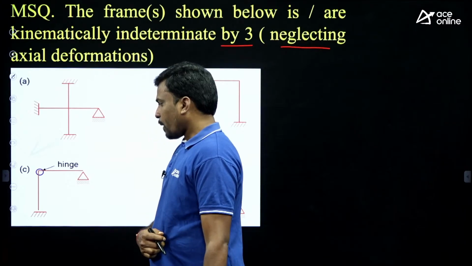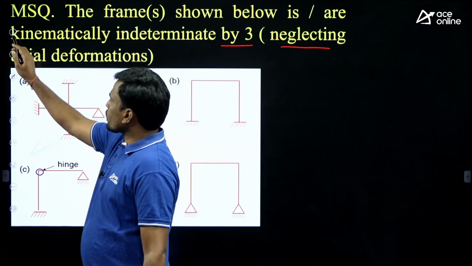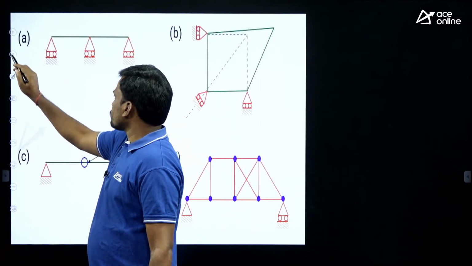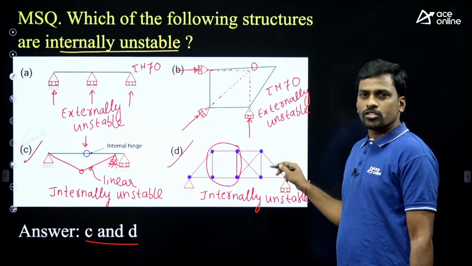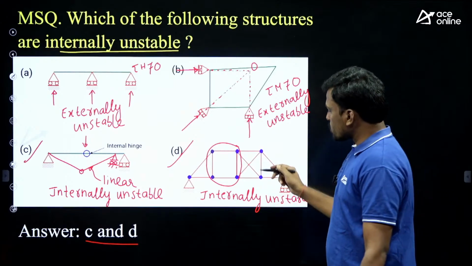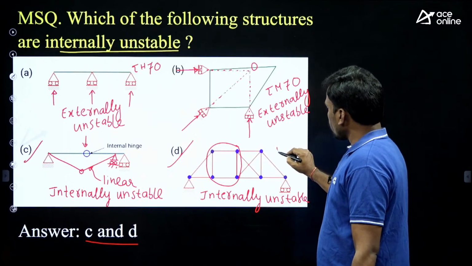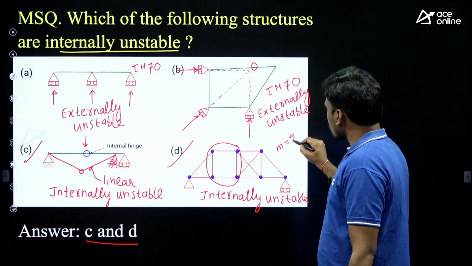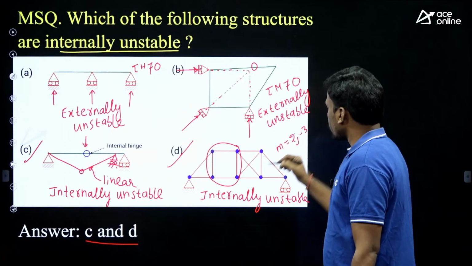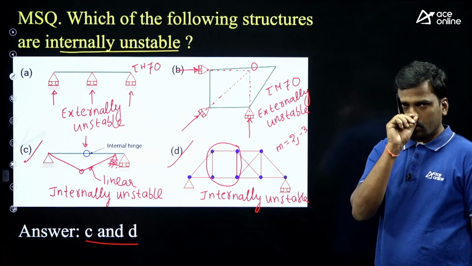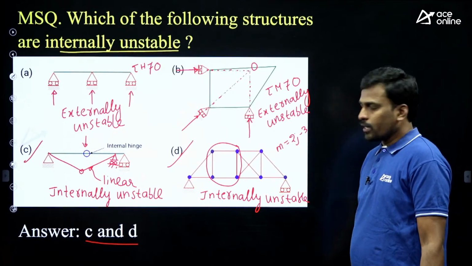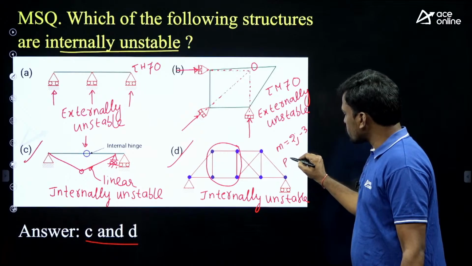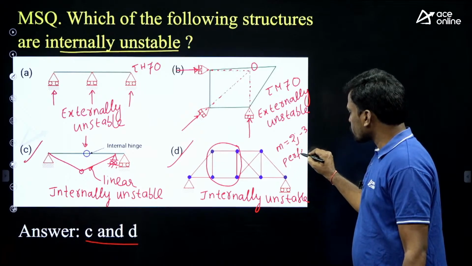Chaudhary says D is perfectly stable. This is not perfectly stable. If you use the formula, you will get m equals 2j minus 3, and then most students will think this is a perfect frame.